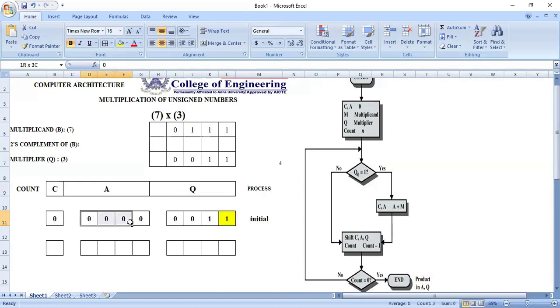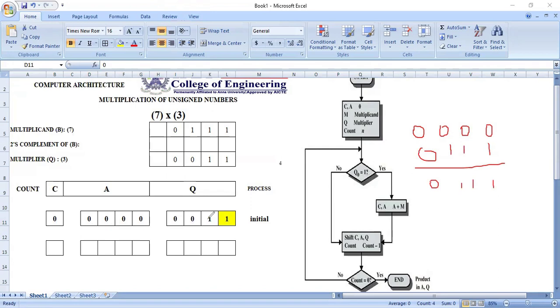So here we have 0, 0, 0, 0. Let me write the value here. In the A register we have 0, 0, 0, 0, plus B. What is B? B is 0, 1, 1. So on adding these two numbers, we get 0, 1, 1. Why are we performing A plus B?